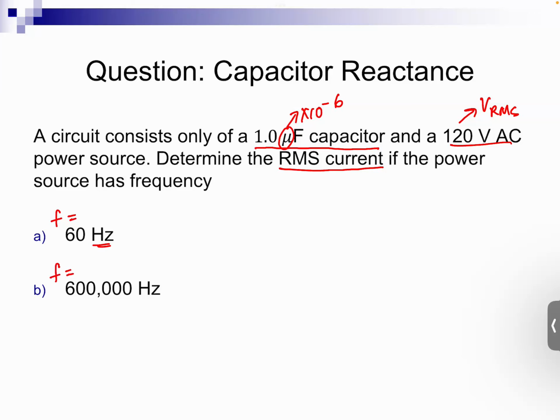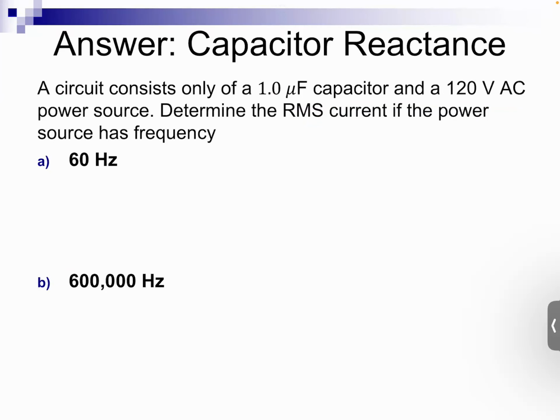Okay, and we want to find the RMS current. We know the voltage and we don't know the current. As I mentioned, you can use Ohm's law, V is equal to IR.